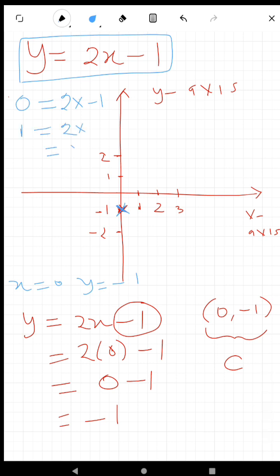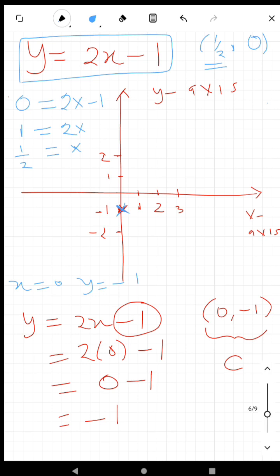If you solve for x, you have x will be half. So the second coordinate we have is, when y is 0, the value of x is half. So when x is half, y is 0.